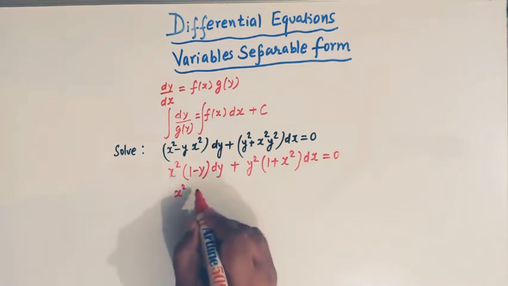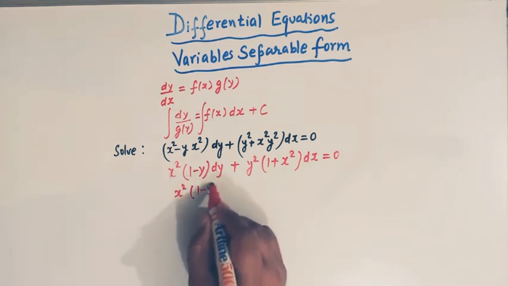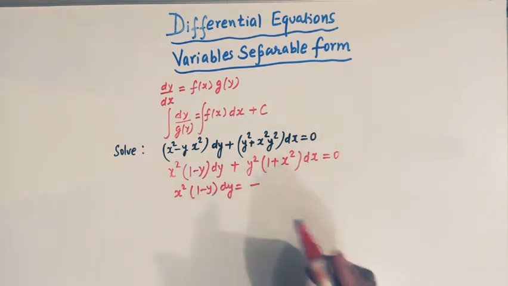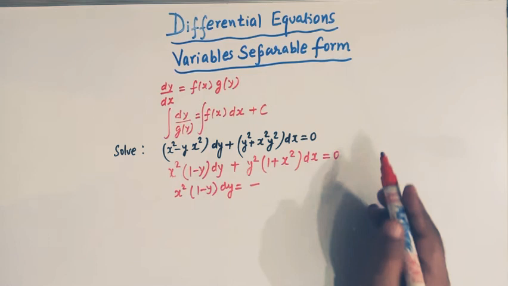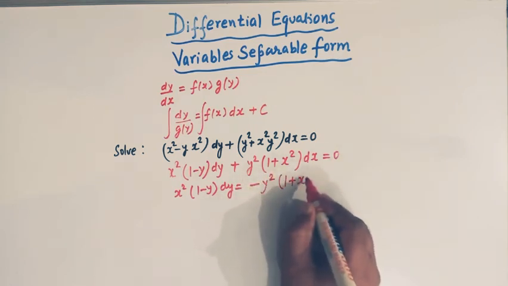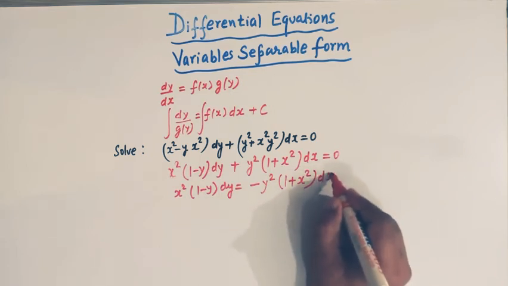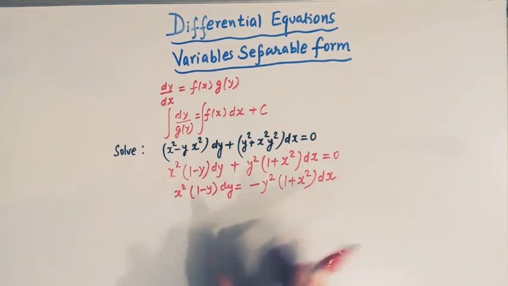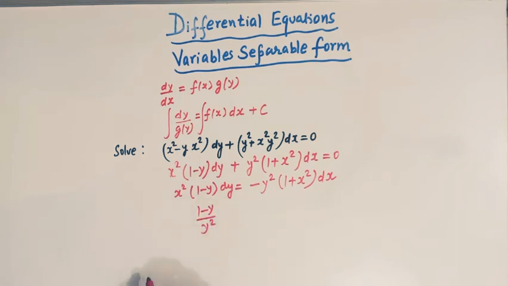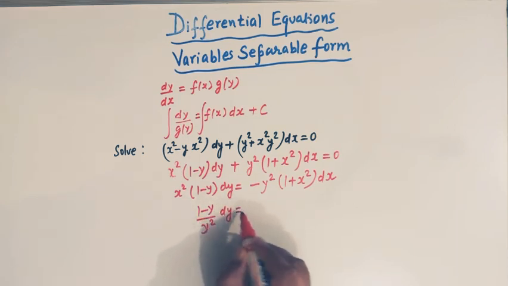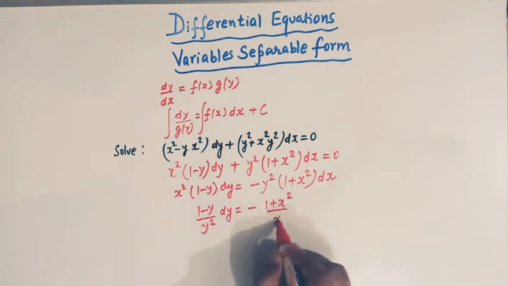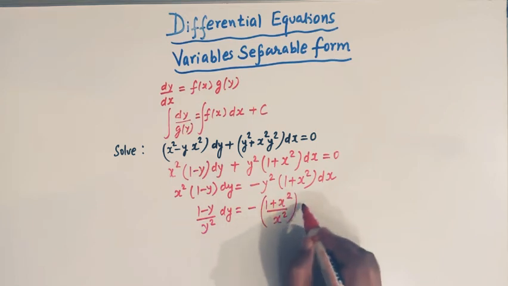Now this can be written as x square (1 minus y) dy, and taking this term to the right hand side, we have minus y square (1 plus x square) dx. Now separating the variables, we have (1 minus y) over y square dy is equal to minus (1 plus x square) over x square dx, right?